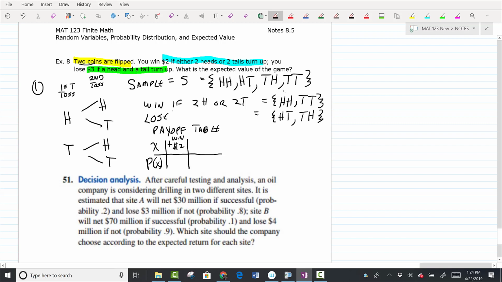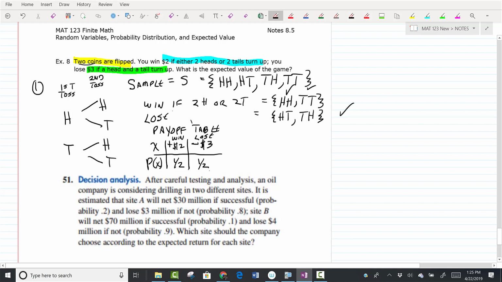If you get 2 heads or 2 tails. So what's the probability of getting either 2 heads or 2 tails? 1/2, right? Okay, 2/4 or 1/2. The loss: this problem says you lose $3 if you get either a head, tail, or tail, head. So what's the probability of losing on this problem? 1/2 also, right? Okay, so it's half for both ones.